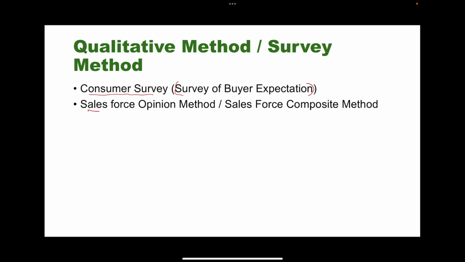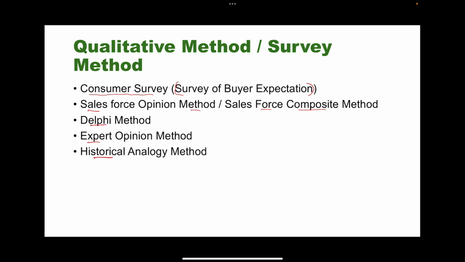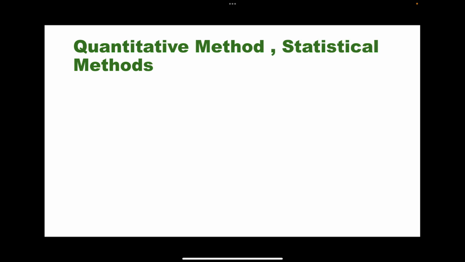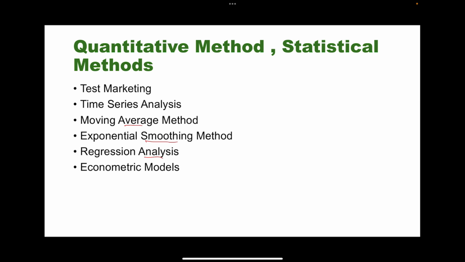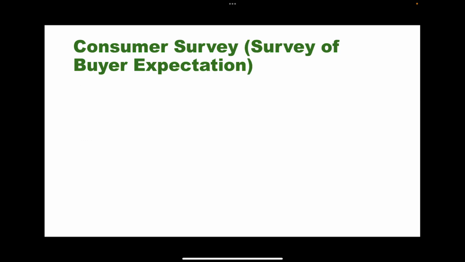Or the Salesforce opinion method or Salesforce composite method, Delphi method, expert opinion method, historical analogy method, etc. And quantitative methods include test marketing, time series analysis, moving average method, exponential smoothing method, regression analysis, econometric models, etc. So let us first discuss the first method that comes under the qualitative method. So the broad classifications are qualitative and quantitative.